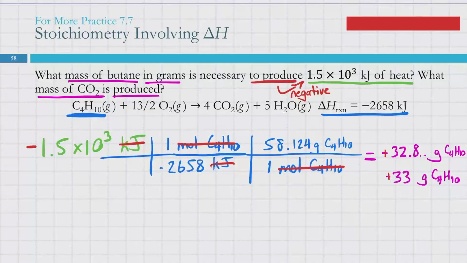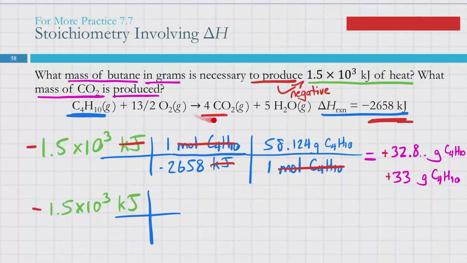We can also do the same steps, but going to mass of CO2 instead. And for mass of CO2, we're going to 4 CO2. It's the same delta H. So our first step will be slightly different. We're going to have 4 moles CO2 on the top. And on the bottom, we're going to have the same negative 2,658 kilojoules.